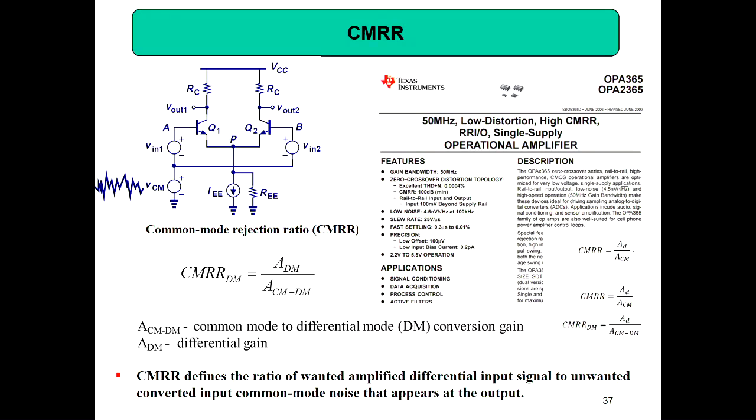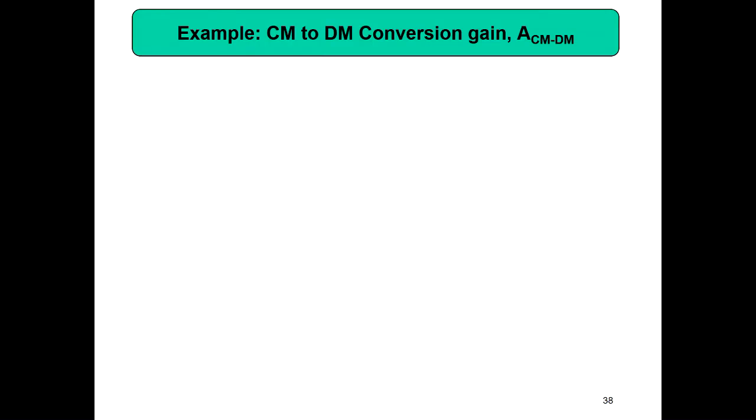Another one is CMRR DM, that is AD by ACM DM. In some places they use AD by ACM, and in some places they use AD by ACM DM. But for most op-amps, what they mean is the CMRR DM. That's the reason we are using both.